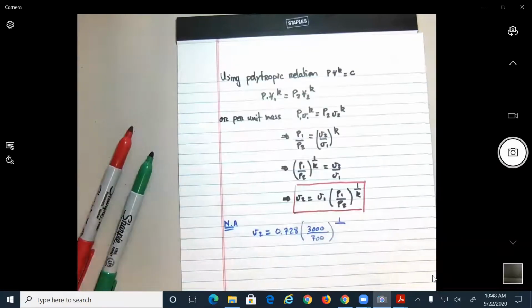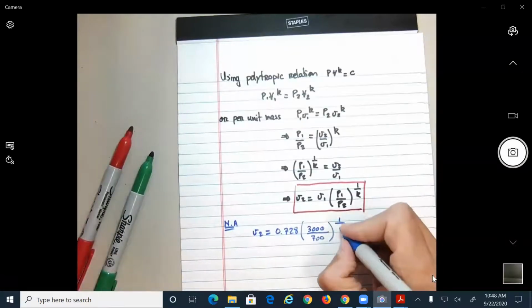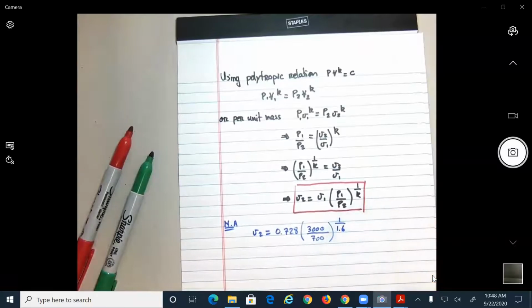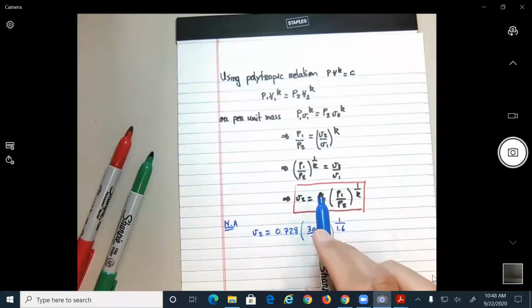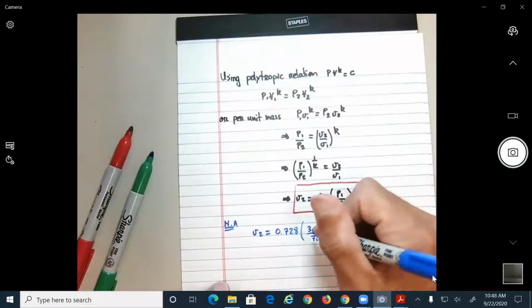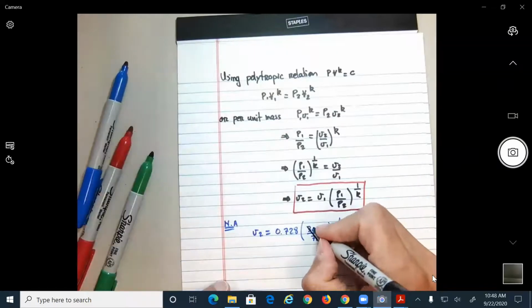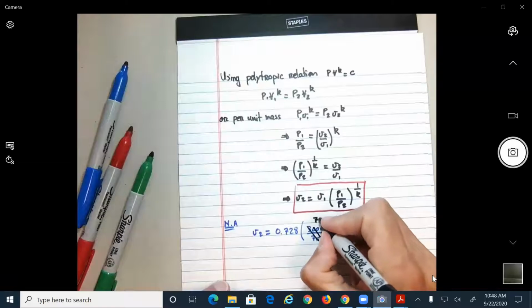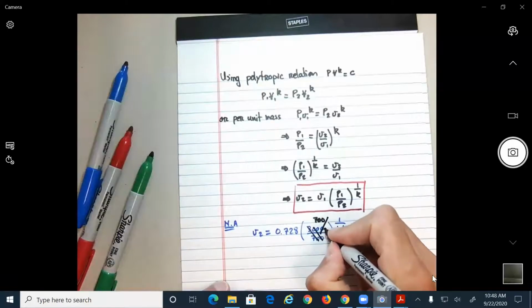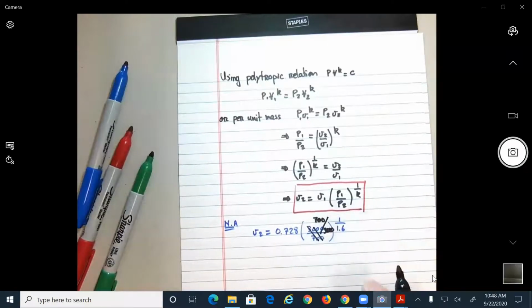So you write that now, 1 over 1.6. Why is it 3,000 over 700? Wouldn't it be 700 over 3,000? Yes, I guess you're right. So P1, you're absolutely right. I was just looking here. This should be 700 divided by 3,000.